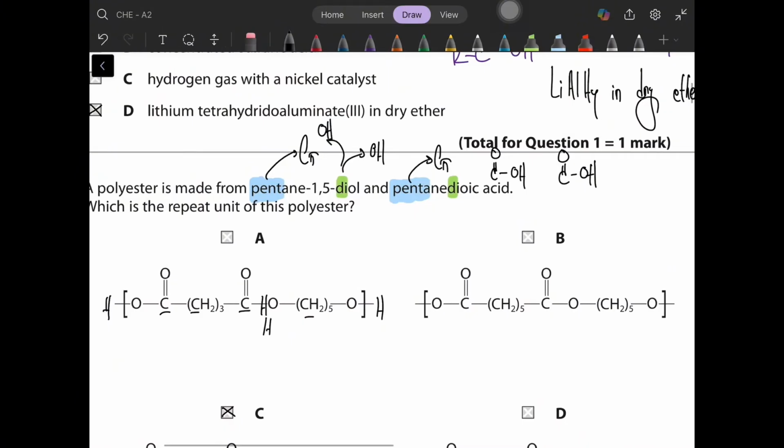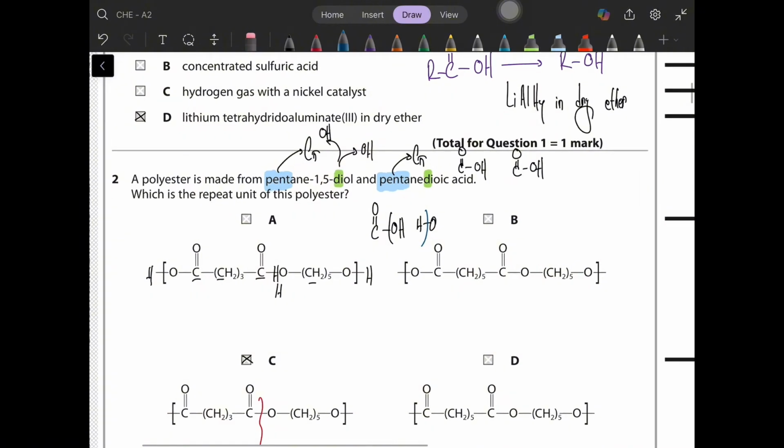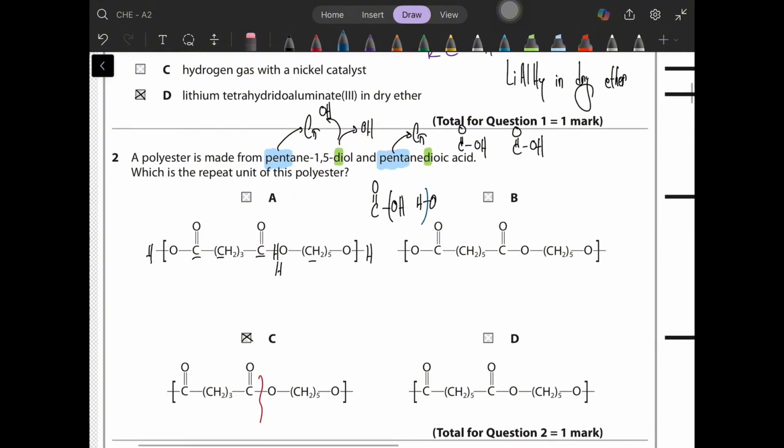So one more thing that I have to make sure of is that in condensation reactions, these alcohols are going to lose their H, and these carboxylic acids are going to lose their OH group. So this is the form of pentane-1,5-diol.